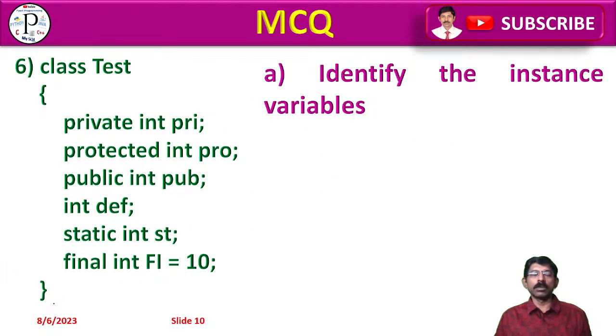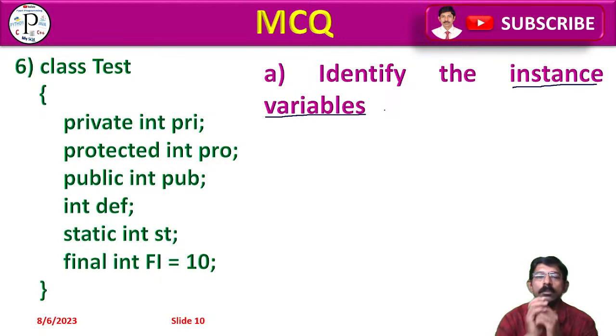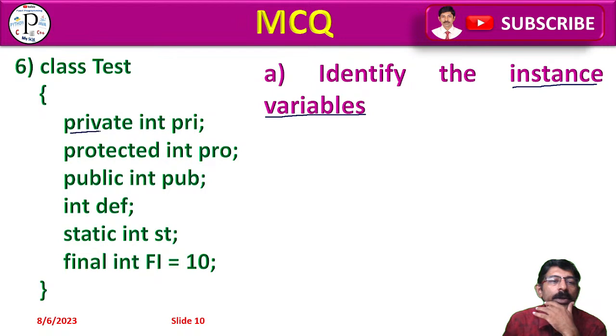Identify the instance variables. Now these are my access specifier: private, protected, public. No access specifier is given, that means default.